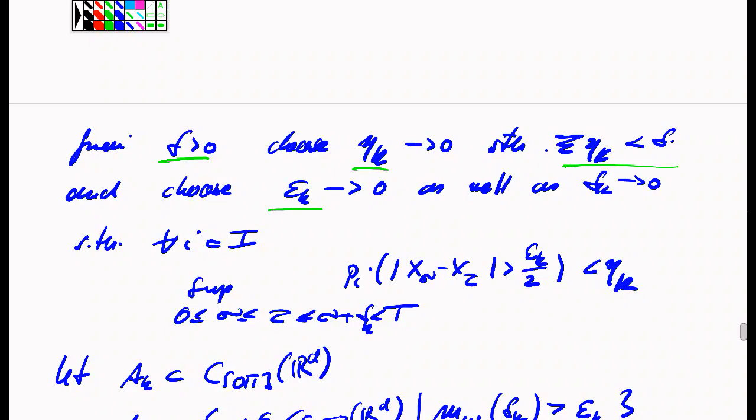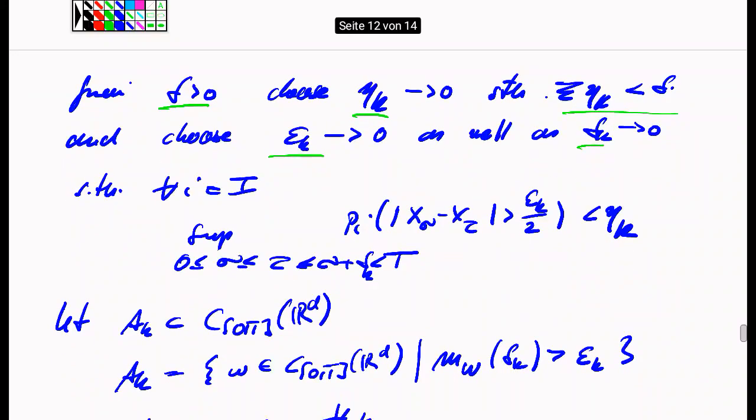And we choose a sequence of epsilon k numbers and as well a delta k sequence which converges to zero, in such a fashion that the supremum over all stopping times sigma and tau, which satisfy the condition that they are no further away than delta k, of the probability that you observe a difference in value of greater or equal than epsilon k over 2, is less or equal than eta k.